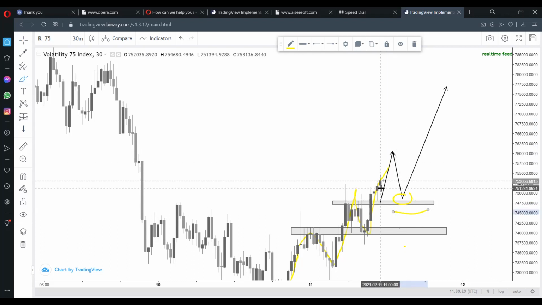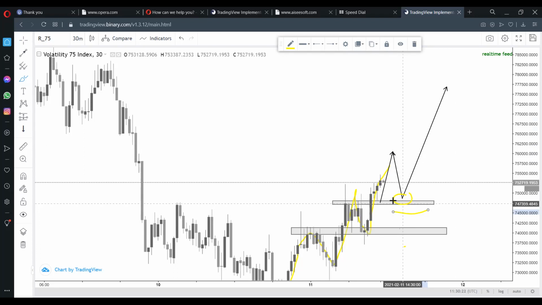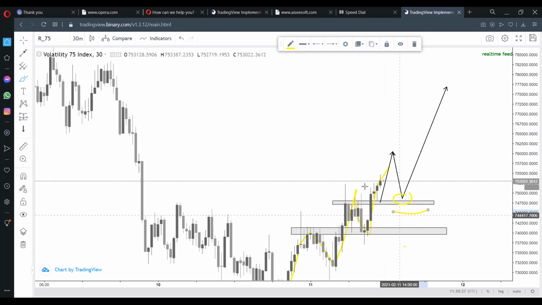But if you're able to wait and place your trade around this area, what you risk should be a maximum of $5 or $7.